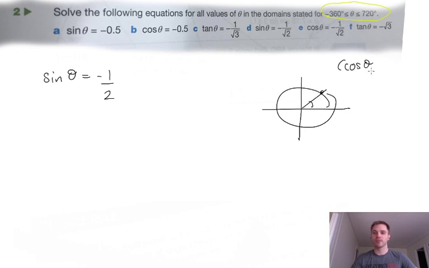So we need to think about the height of this point. The one where the height is 1/2 is down here, and that's 30 degrees, or pi over 6. So this is the angle we need to care about. It's going to be some multiple of pi over 6. Let's draw this angle here. This is approximately pi over 6.